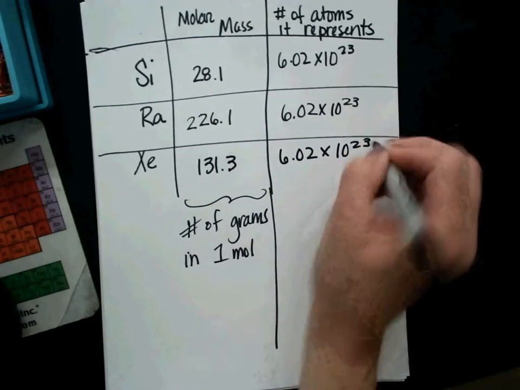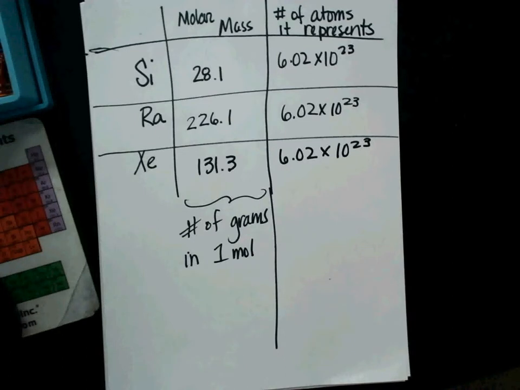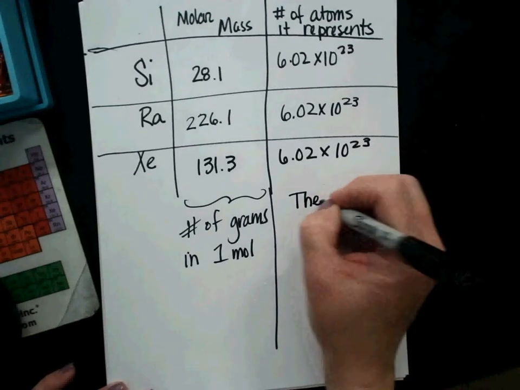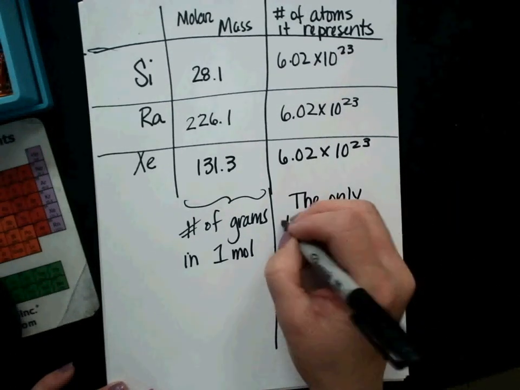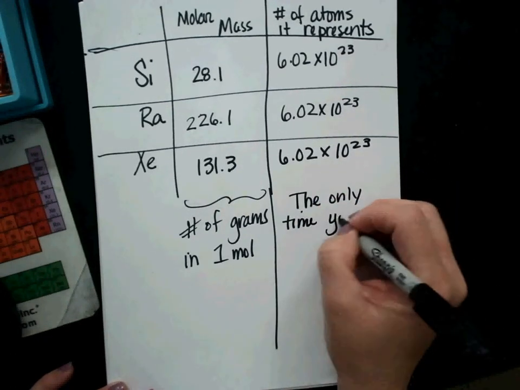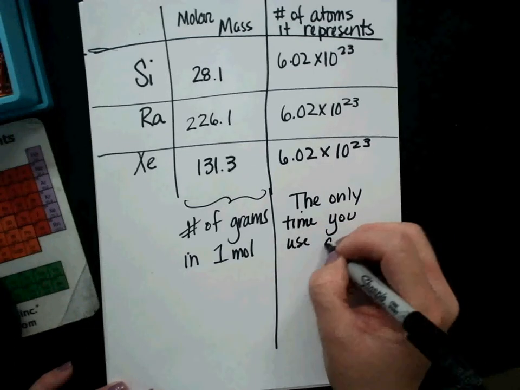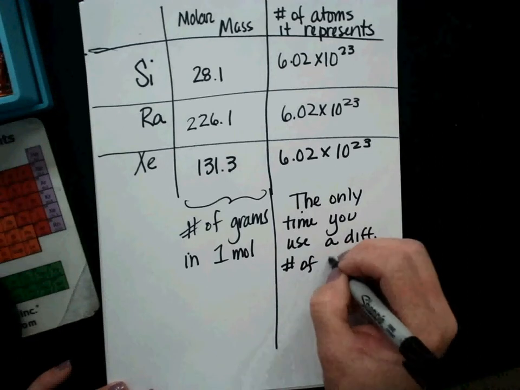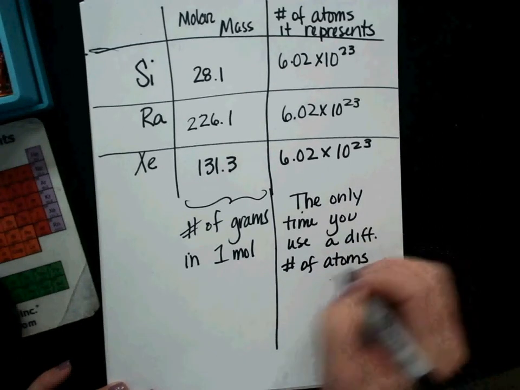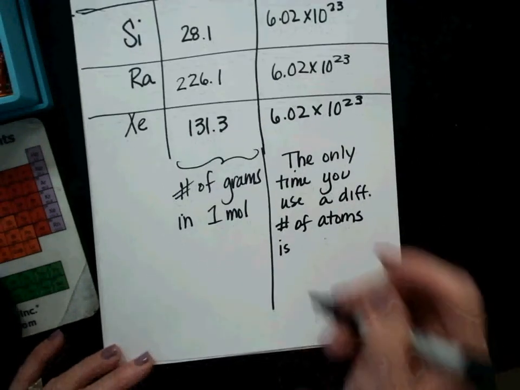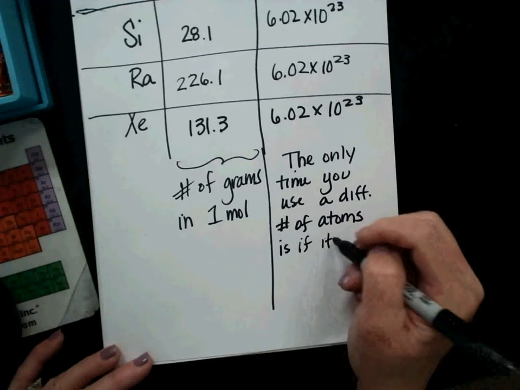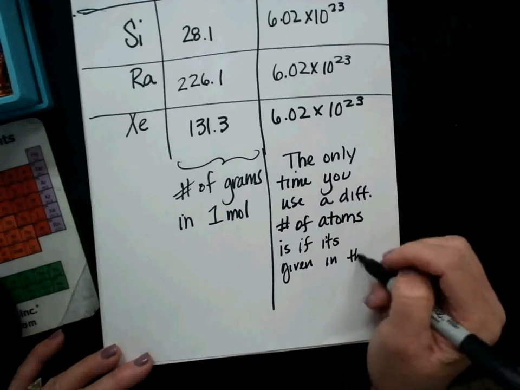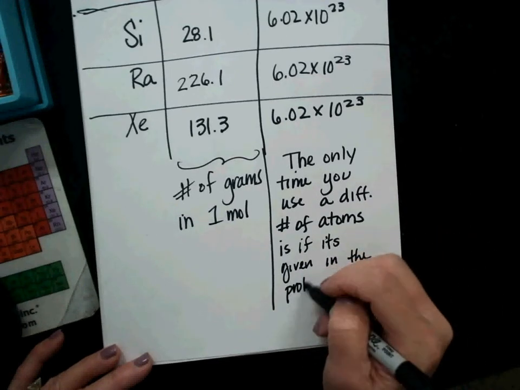See what's happening here? They're all the same, right? This is a big, big thing to remember. The only time you use a different number of atoms is if it's given in the problem.